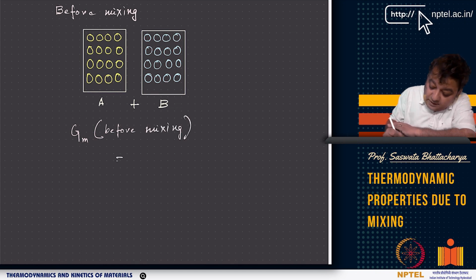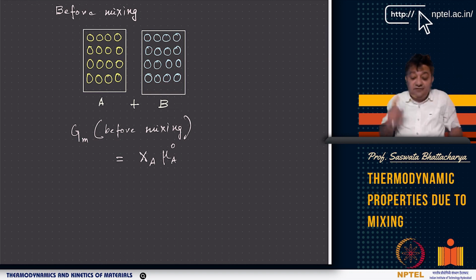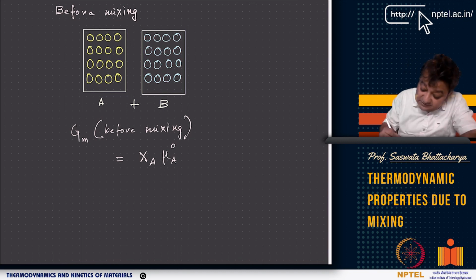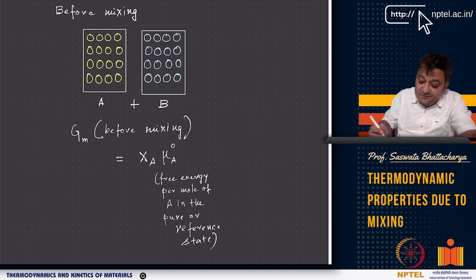will be XA mu A 0. Now what is mu A 0? Mu A 0 is the free energy per mole of A in the pure or reference state. Reference state may not be the pure state, but we are assuming so.